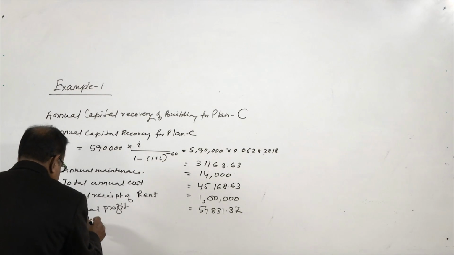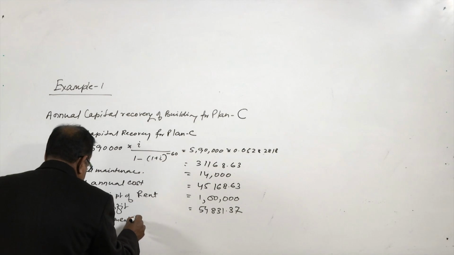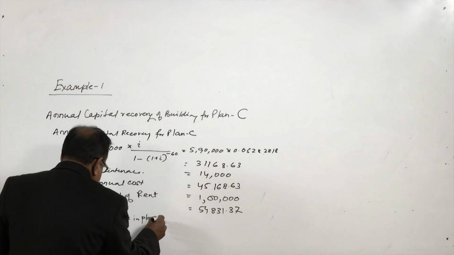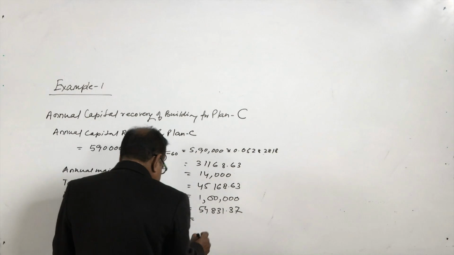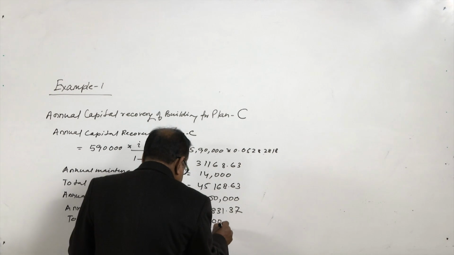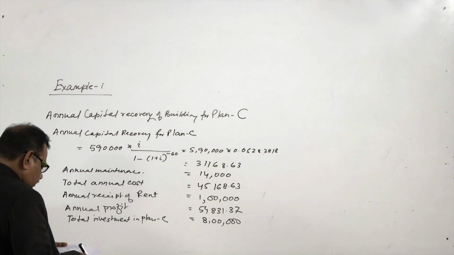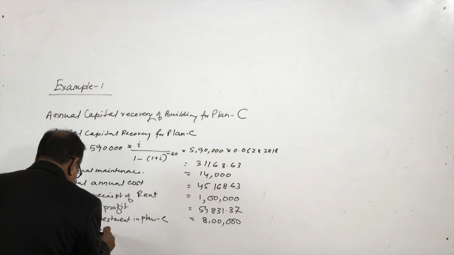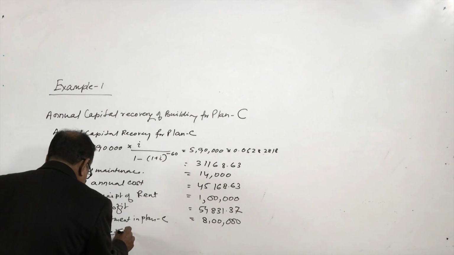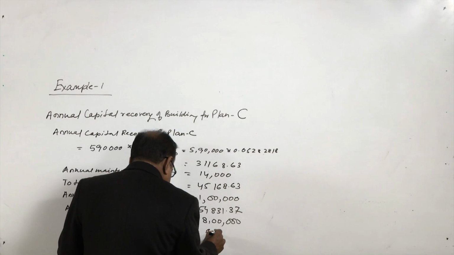Total investment in plan C is equal to 8 lakh. This is the data which is given in the table. So, rate of return is equal to 6.854%.